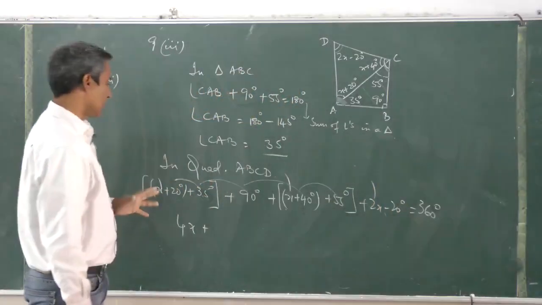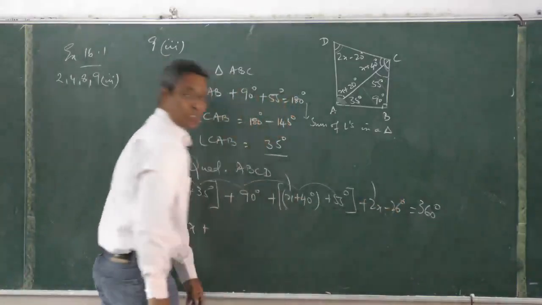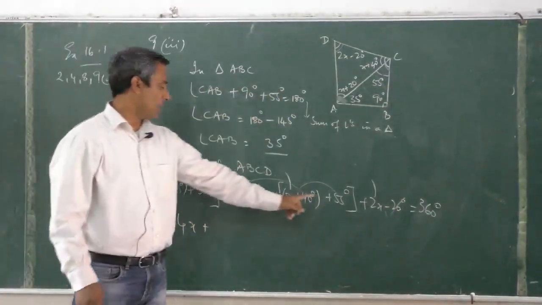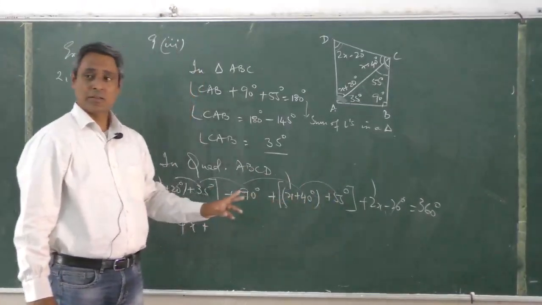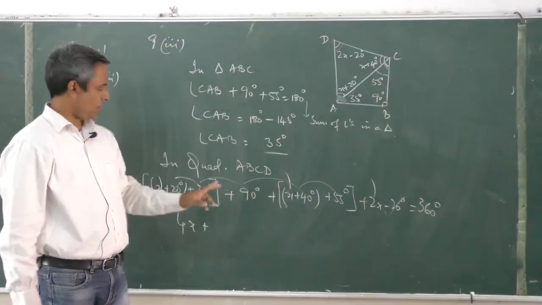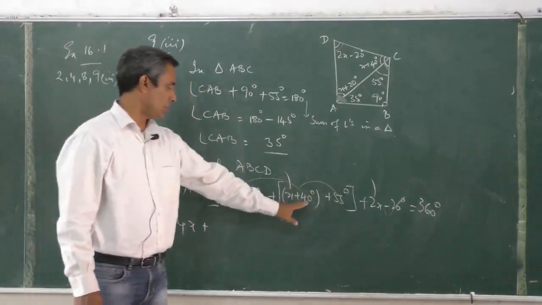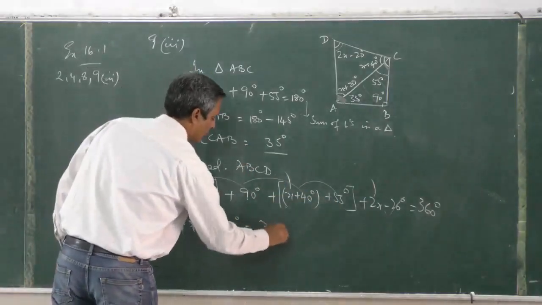So let's get that done quickly. Over here plus 20 you can cancel with minus 20, right? 35 and 55, how much is that? 90? Is that not 90? 35, 90, 180, 220 is equal to 360 degrees.